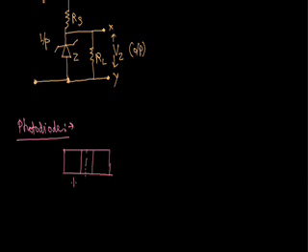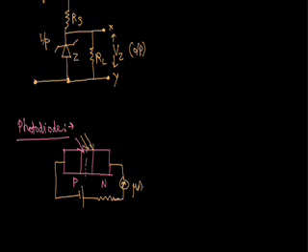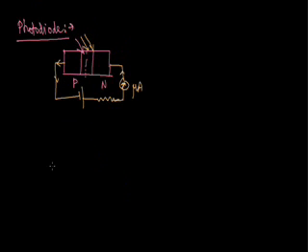This one is P and N. Here light comes, and this is microampere. So whenever light falls, it allows current to flow, and it is used as a light switch. So this is our photodiode.